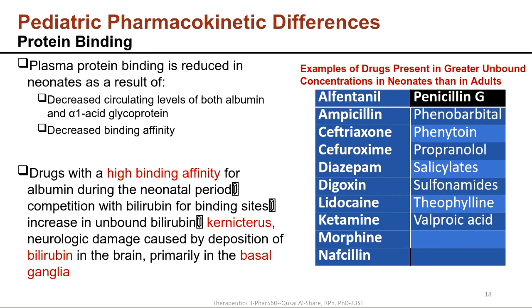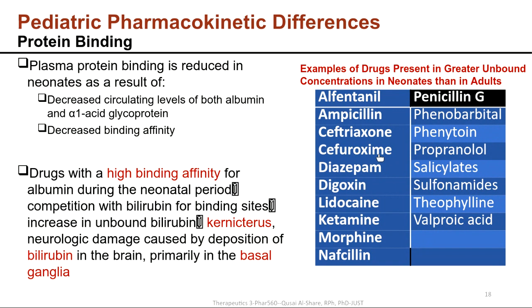Here are examples of some drugs that are present in a greater unbound fraction or concentration in neonates than in adults. The examples you see in the table on the right have higher unbound fraction or concentration in neonates. They don't have higher affinity, so they will be circulating freely. And this is the fraction of the drug that's going to show the effect.